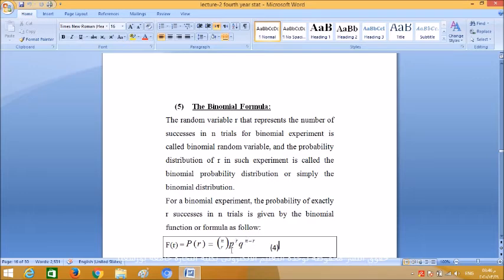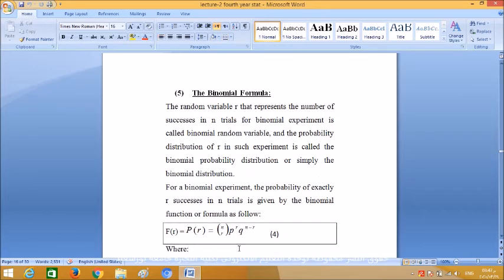One part represents the power of P, and the other part represents the power of Q. And the total of P and Q equals 1. So it's a very easy formula to compute.